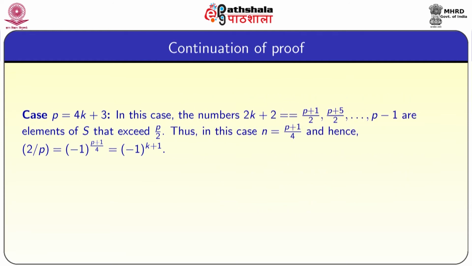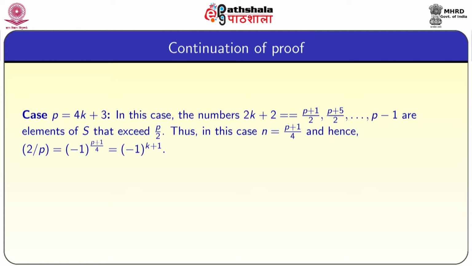Now, we will see another case, that is p equal to 4k plus 3. In this case, the numbers 2k plus 2, (p plus 1)/2, (p plus 5)/2 and so on, up to p minus 1 are elements of S that exceed p by 2.